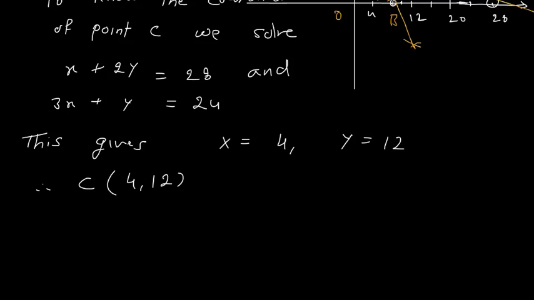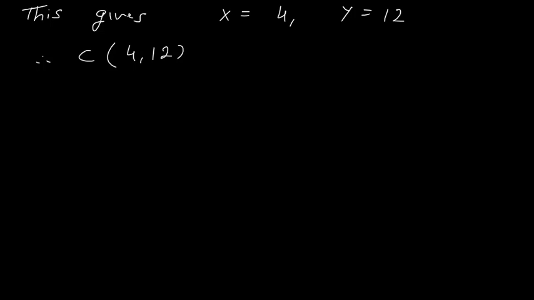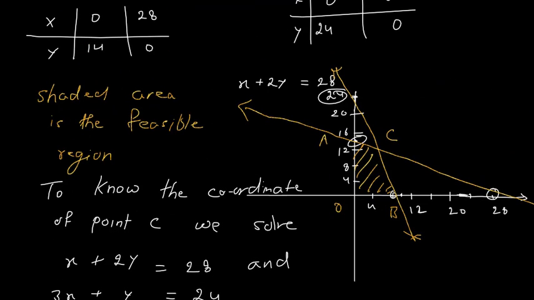So here we will make a chart of corner points and the value of z. Now we have corner point A, which is 0, 14.